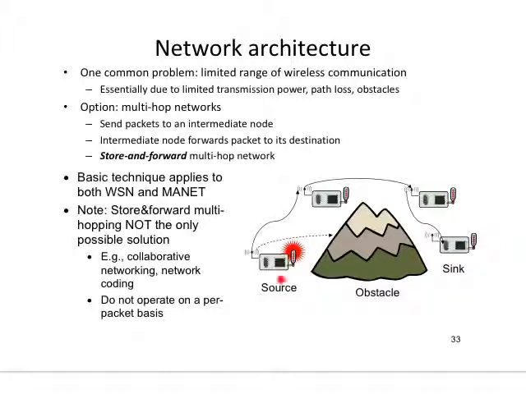But this will consume a certain amount of power from the source. Instead, if we can have some multi-hop, then the amount of power we need to send to this node is probably much, much less.